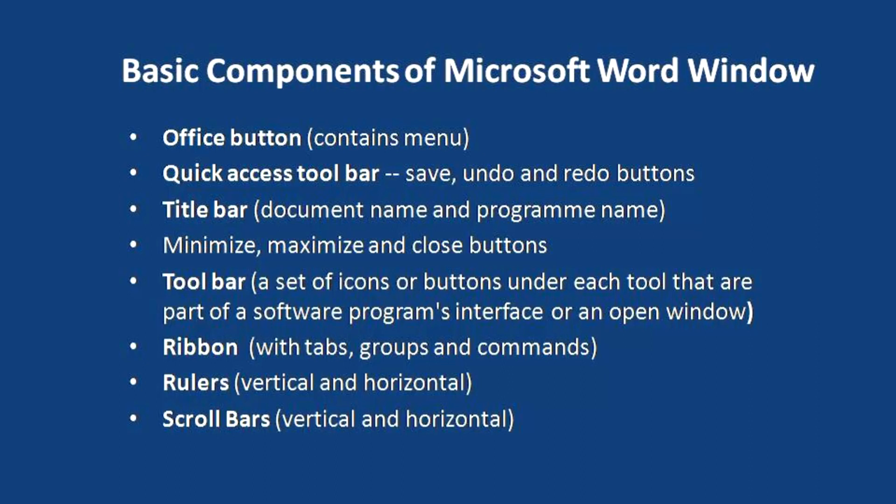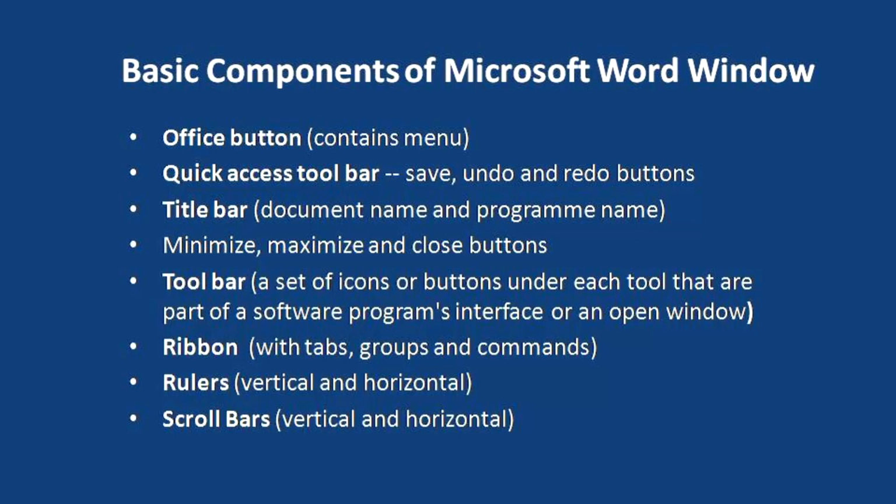You will have a toolbar which has a set of tools in the form of tabs, and each tab contains a set of commands which are grouped under it, and they are all displayed on a ribbon at the top of the window.